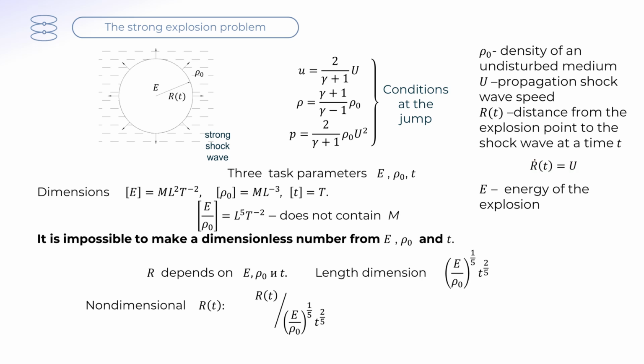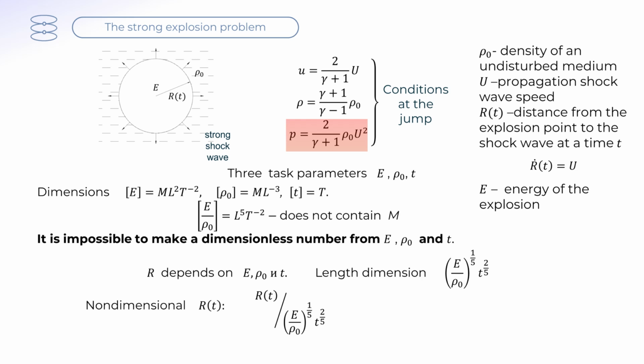The time derivative of r is equal to u. The conditions on the jump, we have gotten on the previous slides. There are three conditions for the movement of particles after the shock wave. This is the density after the shock wave.